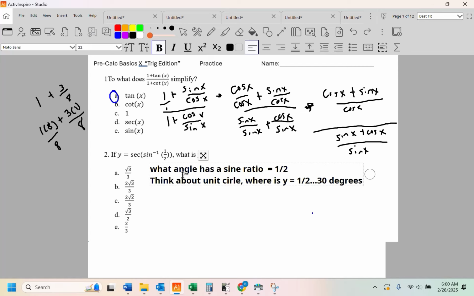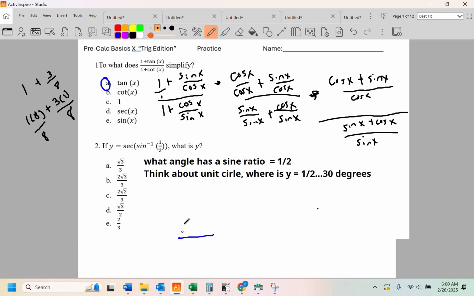If you go back to geometry, you go classic triangle trig, and you just draw a right triangle. You think about the sine ratio. We'll just put an angle here. And the sine ratio being opposite over hypotenuse, you'd have a 1 over a 2. And what you're supposed to do is you're supposed to have memorized your 30, 60, 90 patterns.